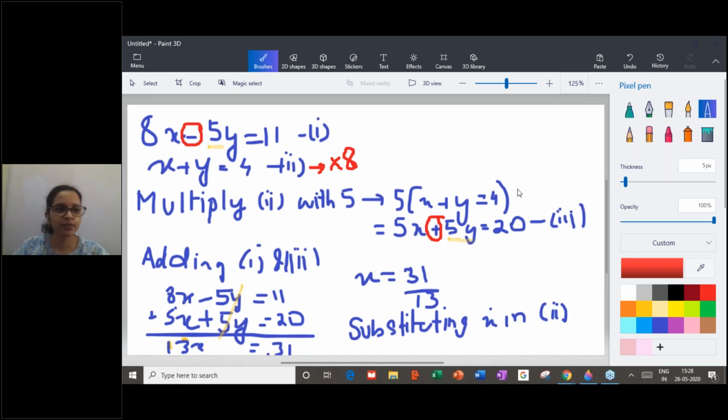Why are you saying multiply by minus 5? Why don't we multiply by minus 5? Okay, we are trying to eliminate y in the example that I took. So here the sign of y is already negative, and in the second equation it's positive. When you multiply with 5, it will become 5y, it will still be positive, right?